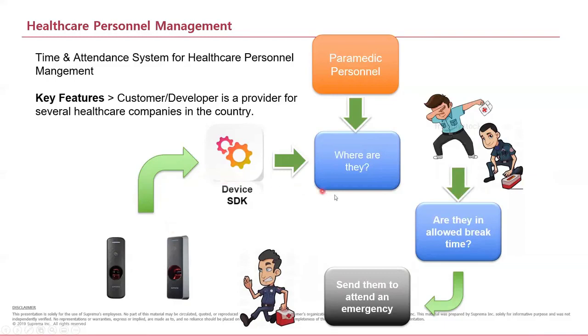Once they know where the personnel is, the first thing they ask is, are they in an allowed break time, yes or no? If not, they look for those that are available, and when it finds the first available person, they send this person to attend the emergency. Okay? So that is a very good solution that has been applied in quite some companies around the region.